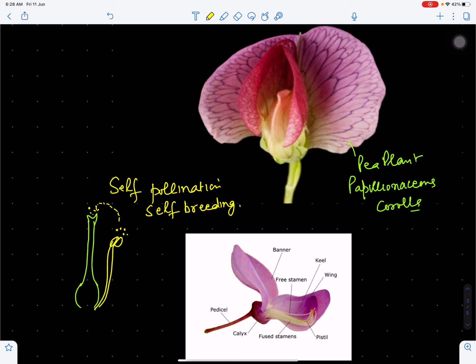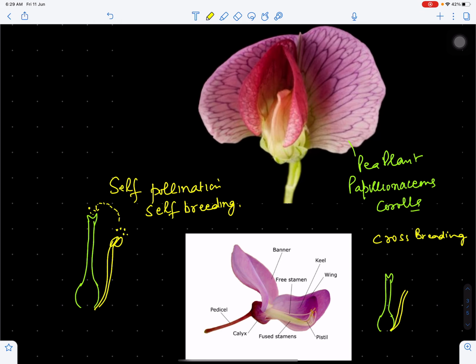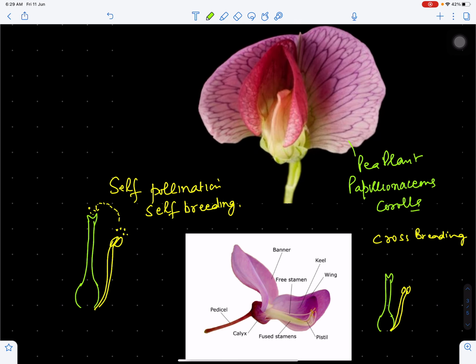In case of a pea flower, if we want to do cross breeding, that is, if we have this ovary, style and stigma, and these are its stamens, and we have another flower, now this is the ovary, style and stigma of the second flower.